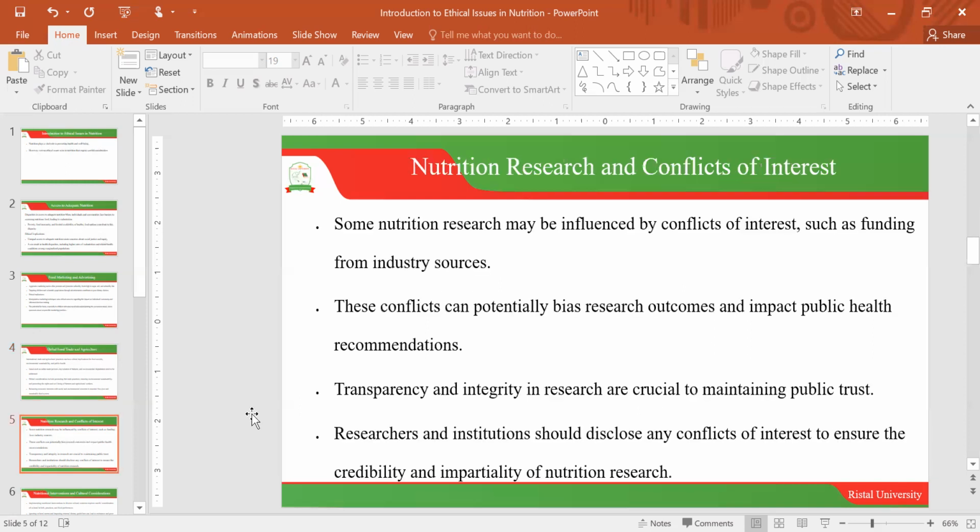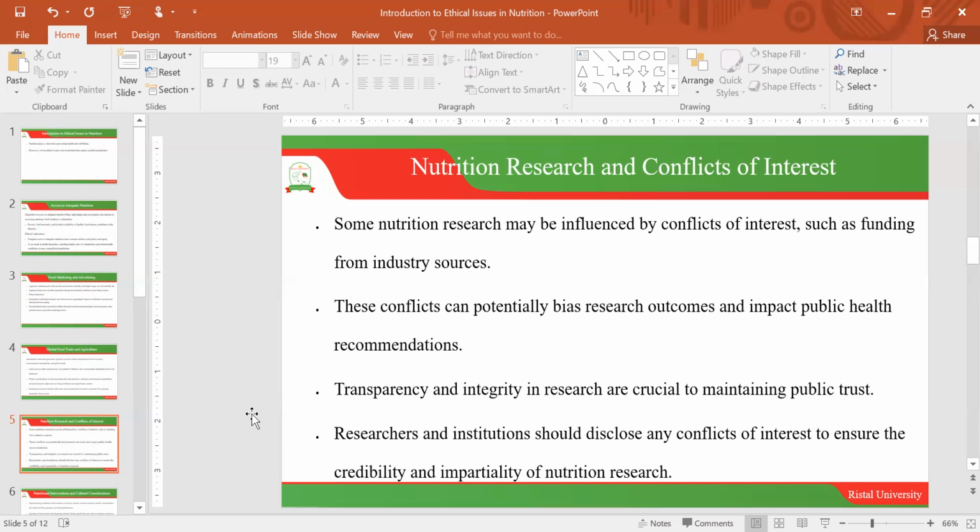Then we come to the aspects of research. When you're conducting research among human populations, you must declare your conflict of interest. Is there an organization that might influence the results of your findings?